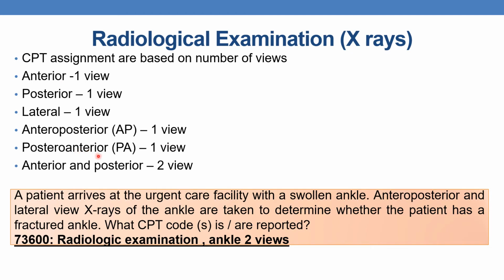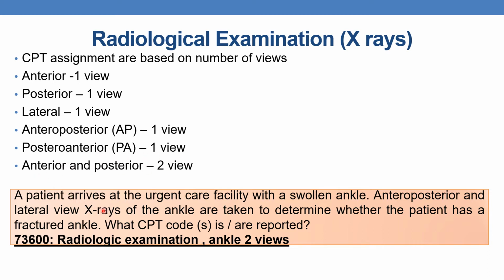Posteroanterior is also considered as one view, whereas anterior and posterior, or lateral and posterior, are considered as two views. Anteroposterior is a single term and is considered as one view. Similarly, posteroanterior is a single term and is considered as one view.